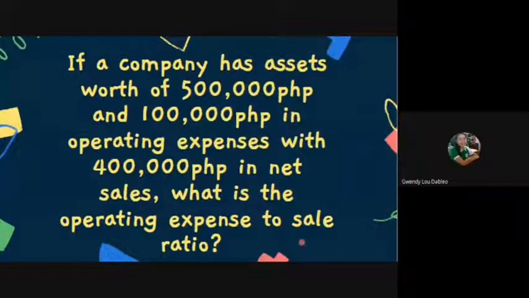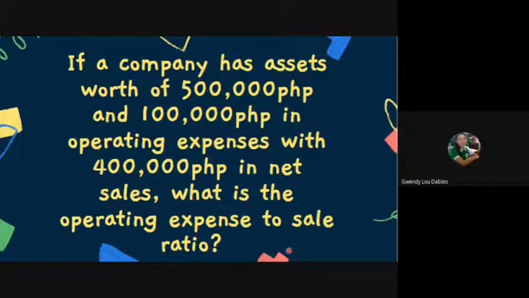If a company has assets worth 500,000 and 100,000 in operating expenses with 400,000 in net sales, what is the operating expense to sale ratio? Okay, there are only 4 of you who got it correctly. It's 25% or 0.25. The formula is operating expenses divided by net sales.